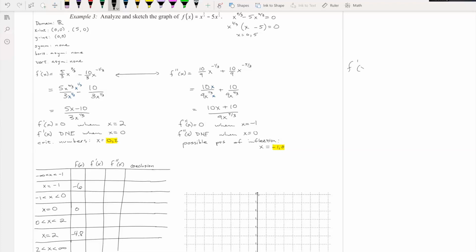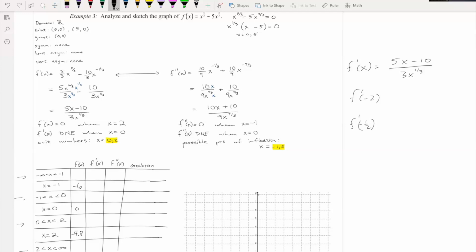So f prime of x is equal to 5x minus 10 over 3x to the 1/3. And we're going to plug in values in each region. So -2, for example, -1/2, right? I'm just plugging in values in each of these regions here.